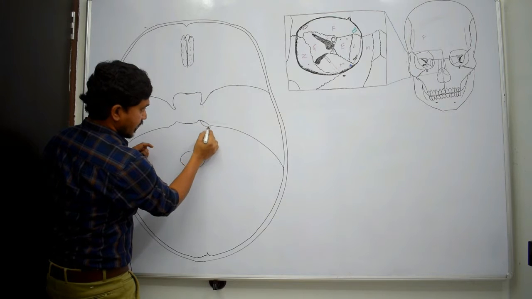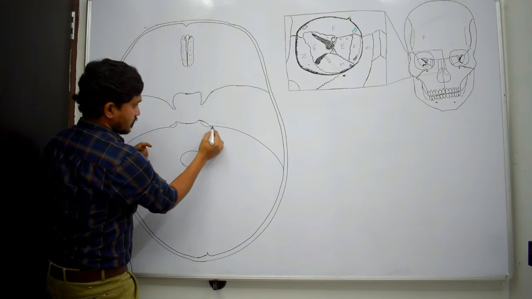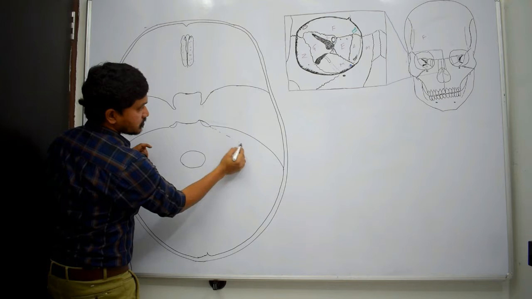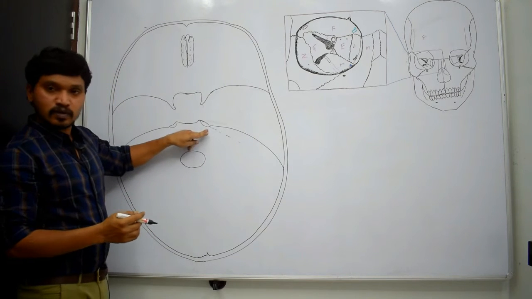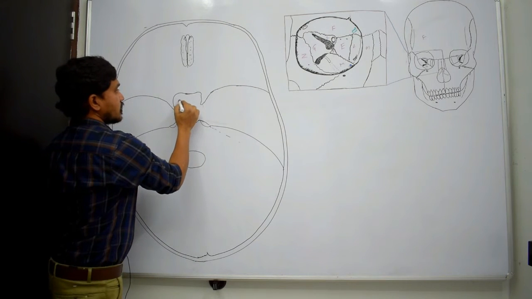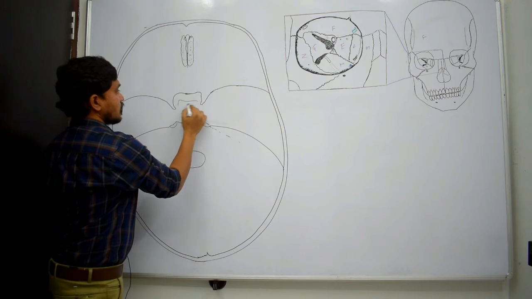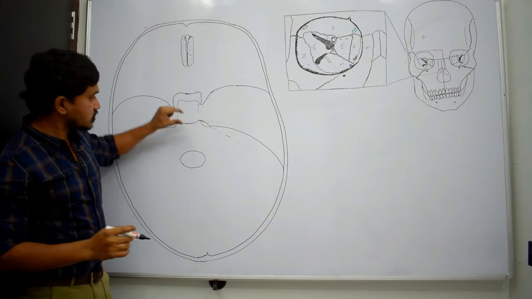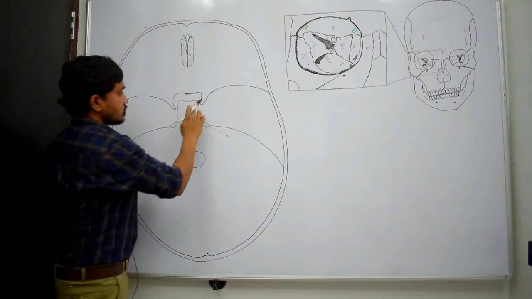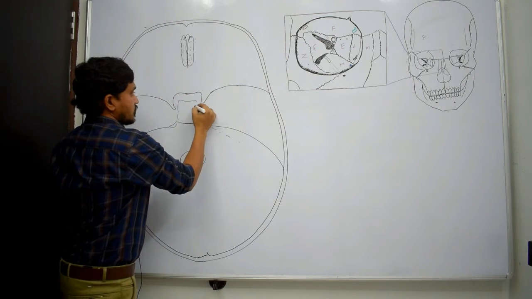Of course, here the foramen lacerum will be present. And here you can see the pituitary fossa. Actually, this is the body of sphenoid, so the pituitary fossa will be present here.